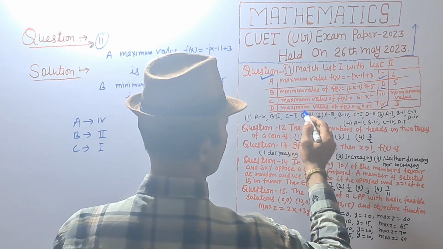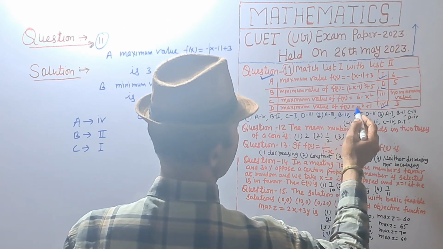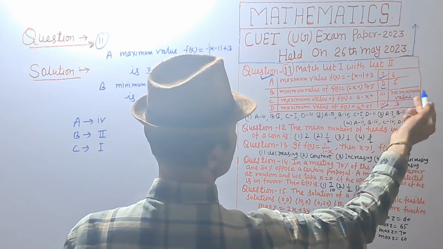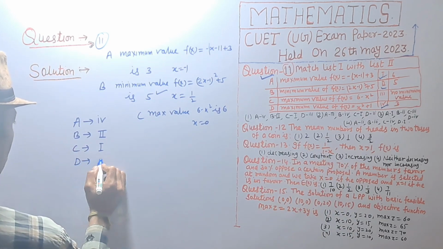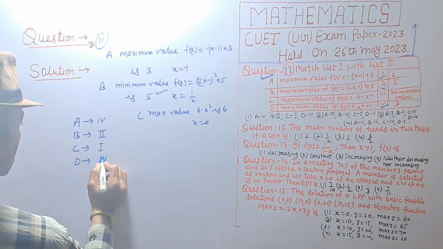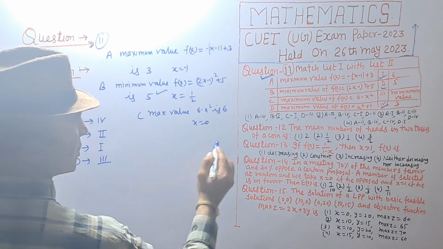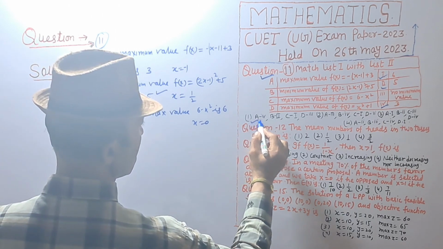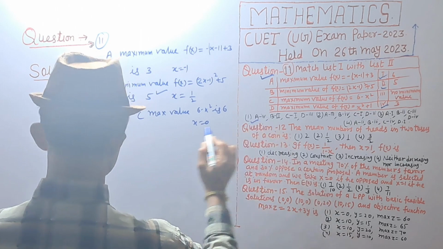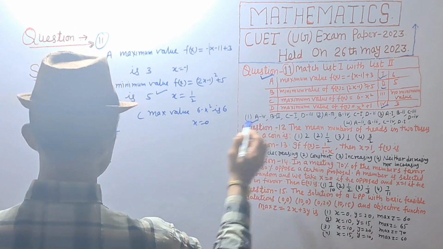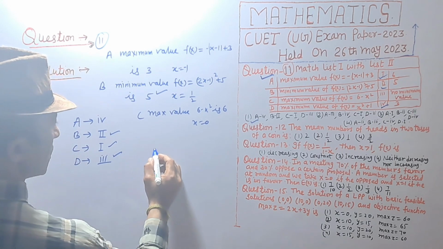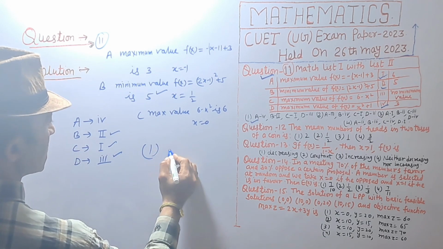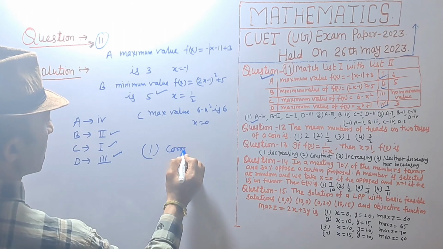And maximum value of f(x) = x cube + 1, no minimum value. D is 3. So option A is fourth, B is second, C is 1, and D is third. So option 1 is the correct answer.